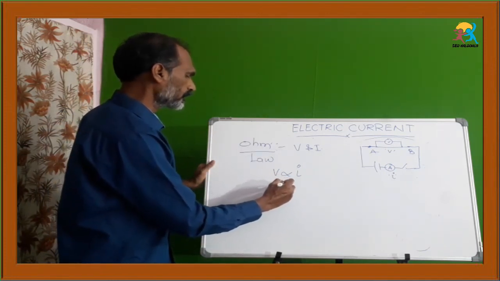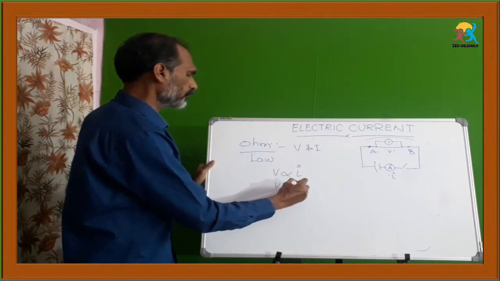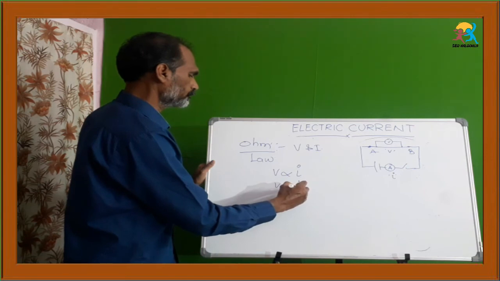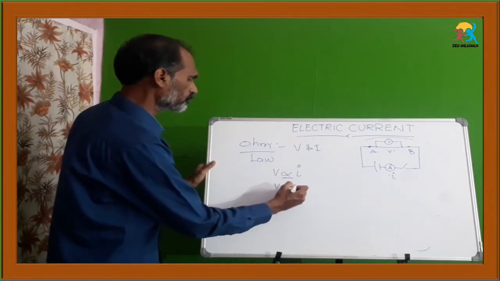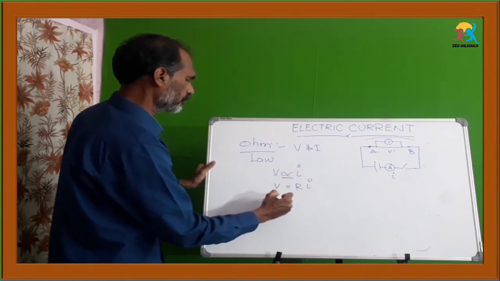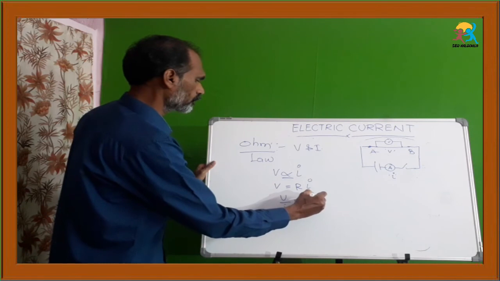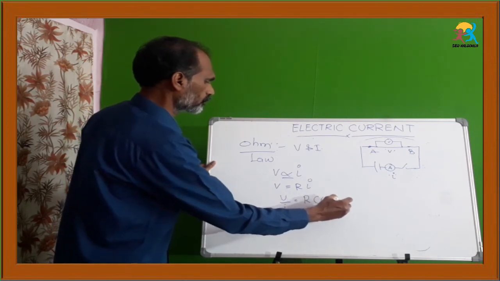This can be written as V is directly proportional to I, and we can introduce one constant, that is R. So V by I is equal to R, a constant.